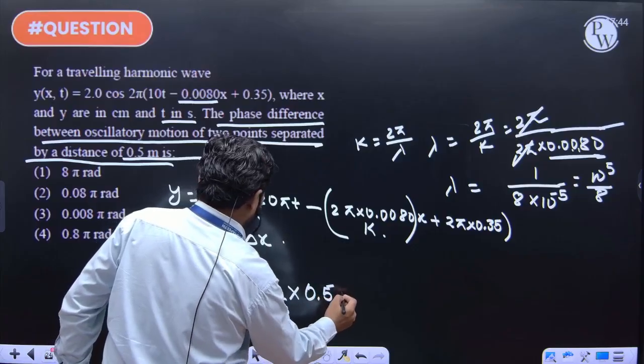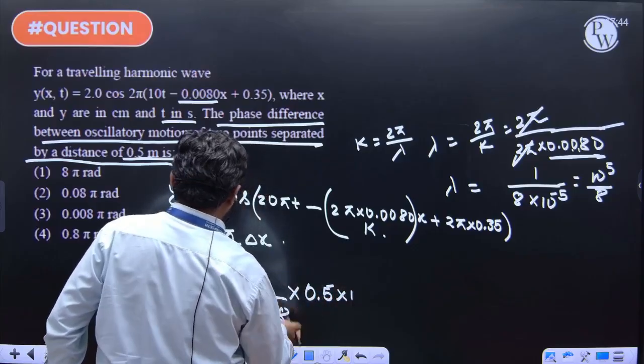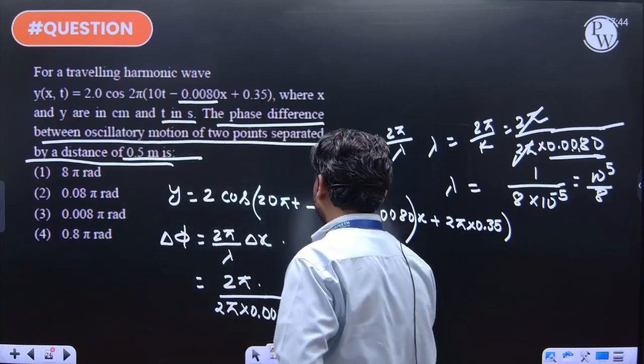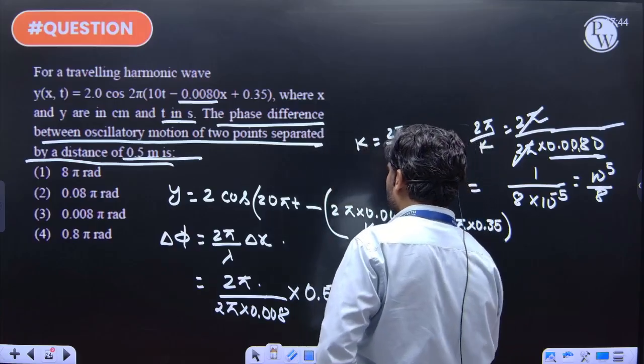If you want, let's convert it into centimeter because every value is given in centimeter. So I'm multiplying by 100. Let's do it.